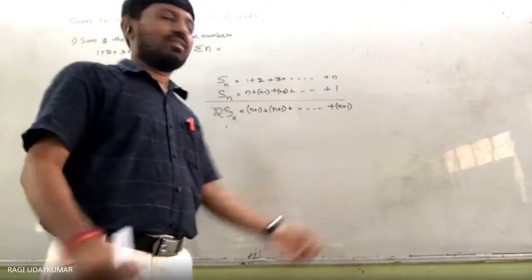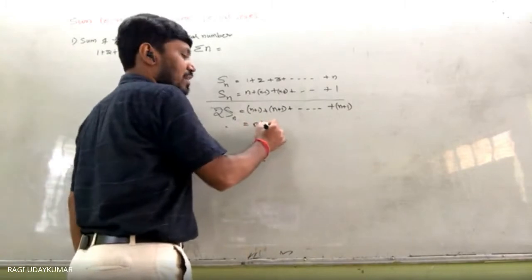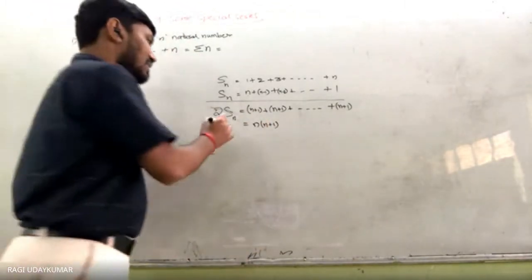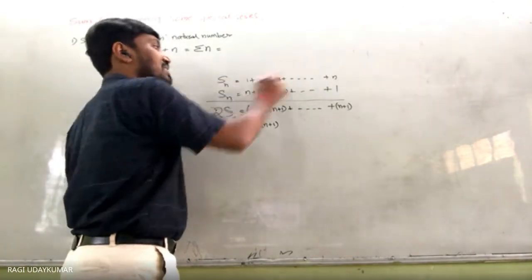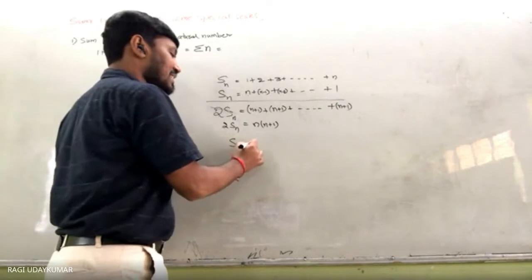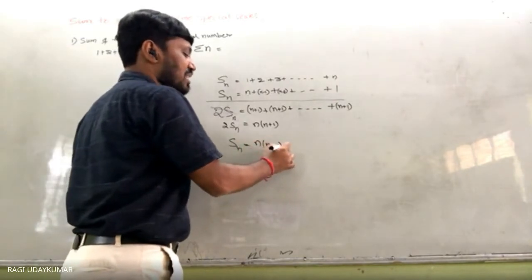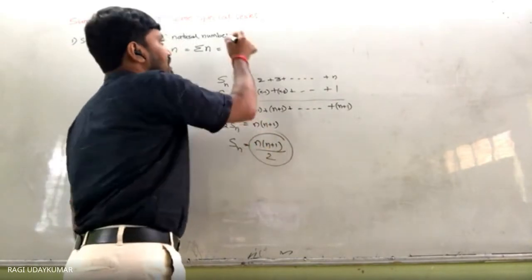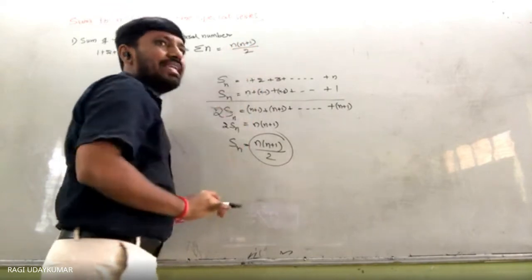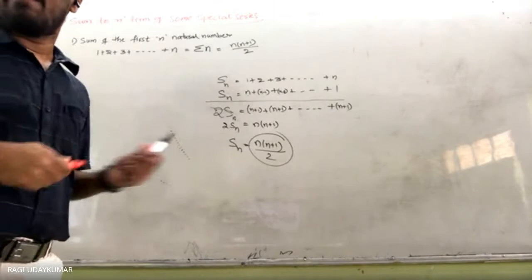So the sum will be equal to n into n plus 1. This is double the sum that we require. So from this we get Sn is equal to n into n plus 1 by 2. So the sum of the first n natural numbers formula is n into n plus 1 by 2.